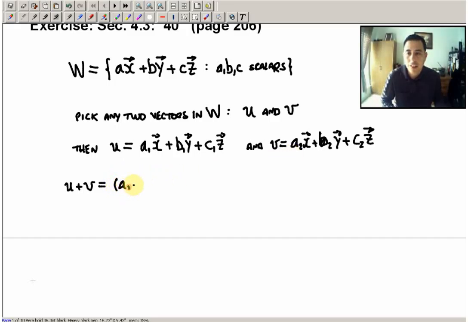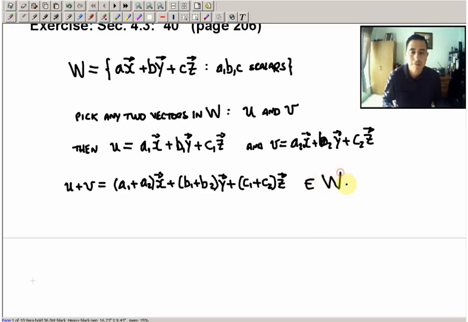So this becomes A1 plus A2 times X, plus B1 plus B2 times Y, plus C1 plus C2 times Z. Well, look at that. It's a linear combination of those three vectors again, right? There's a scalar times X plus a scalar times Y plus a scalar times Z. So the sum is in W, right? This thing is in W.